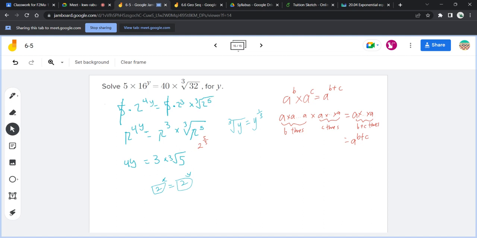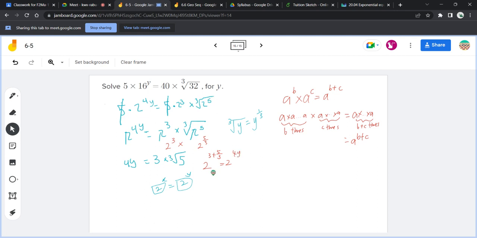So from here we know that 2 to the power 3 times 2 to the power 5 over 3. So we can write this one as 2 to the power, so we add this one, 3 plus 5 over 3, equals 2 to the power 4y.